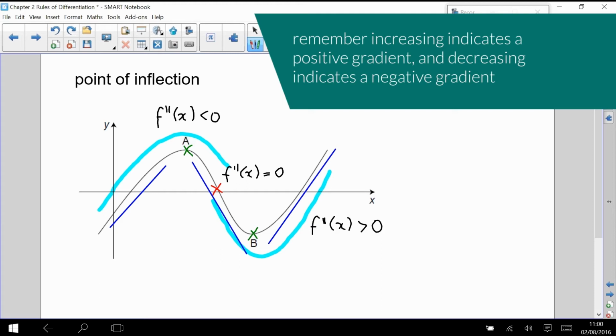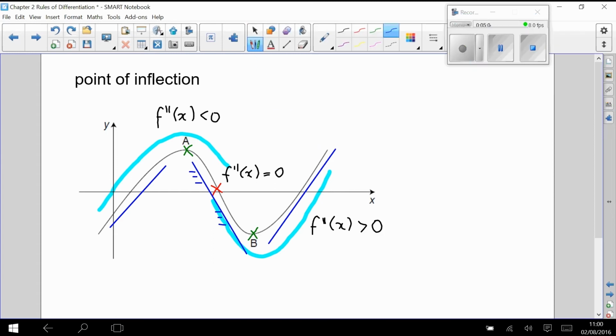Just between A and my point of inflection, my gradient is decreasing. Just after my point of inflection and before B, my gradient is still decreasing. So it looks like it could definitely be a point of inflection.